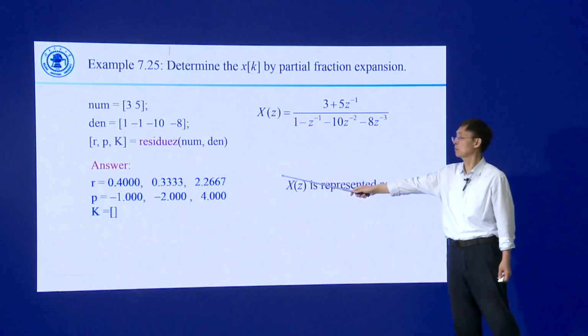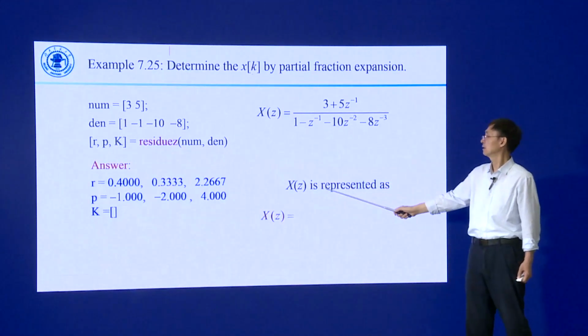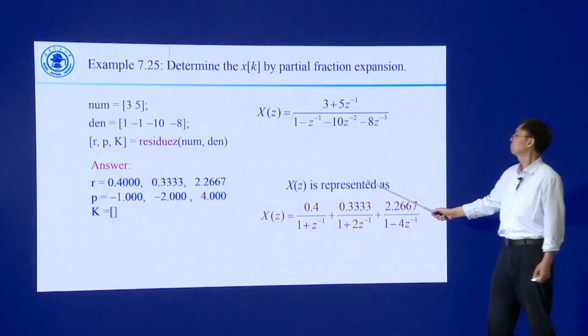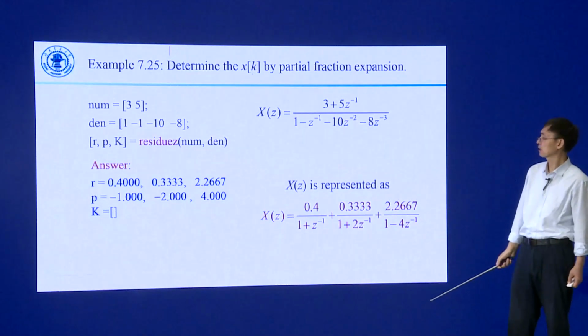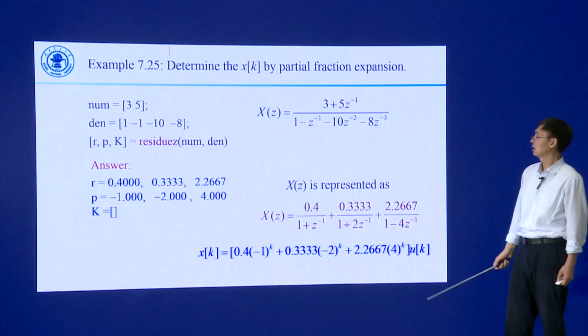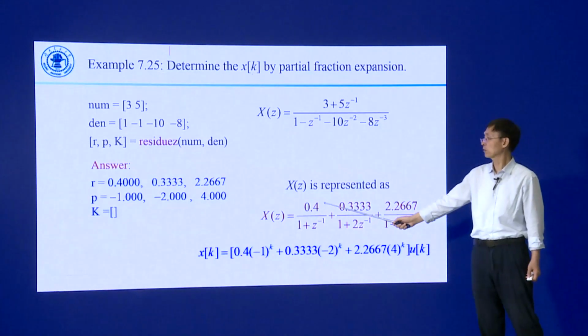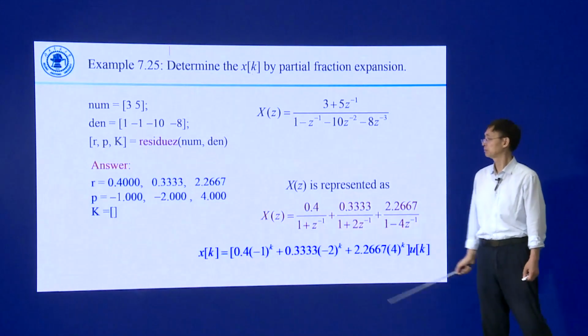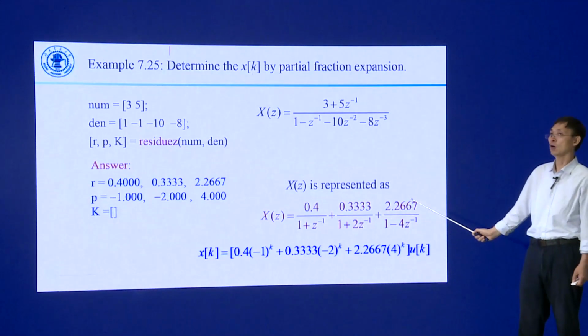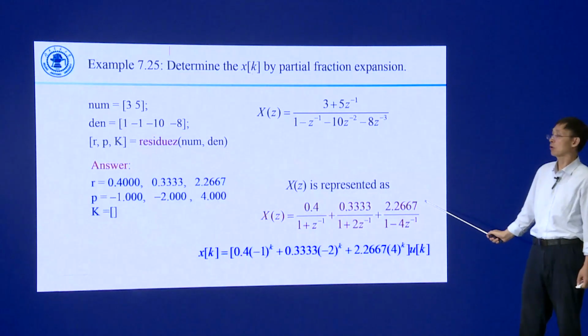According to the output parameters, we can get the expansion for this X(z). According to this X(z), we can get its x(k) by the inversion of the unilateral z transform.